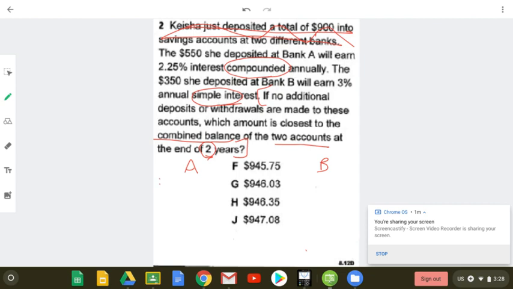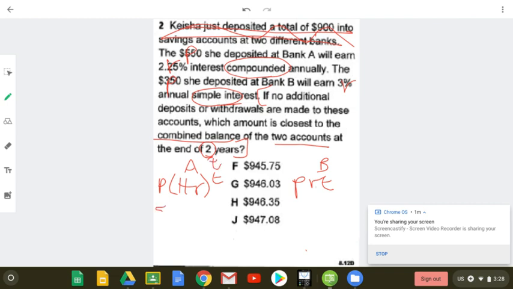So P times 1 plus R to the T power over here, and PRT over here. Now that I've written both formulas down, I need to get the numbers. Remember, your principal is always your dollar amount. So 350 and 550, your rates 2.25% and 3%, and the time for both of them is 2 years. So I can just plug those in.